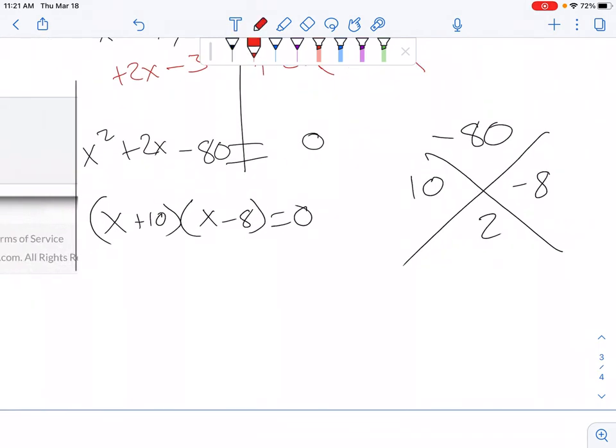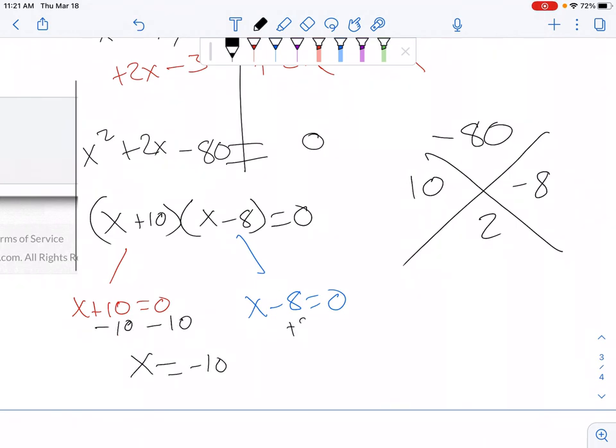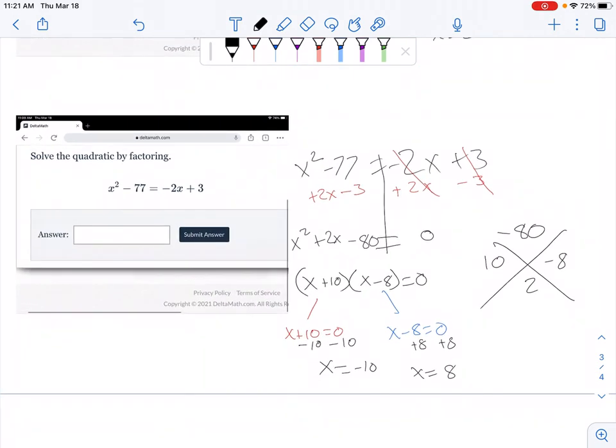And then we set each one equal to 0, so x plus 10 equals 0. X minus 8 equals 0, and we solve each. X equals negative 10. X equals positive 8. So those are our two solutions, negative 10, 8.